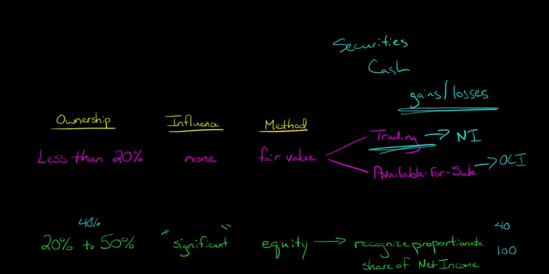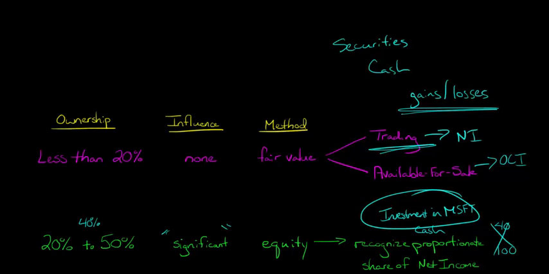Now, I'll get into that when we have a video on that. But we'll just say here, so we'd have a debit. This is when you buy the Microsoft stock. Let me just cross this out for the minute. So when you buy the Microsoft stock, you just debit investment in Microsoft or something like that, and then credit the cash. Okay, and then this would be your carrying amount, which would fluctuate as you recognize that proportionate share of net income or as Microsoft pays out dividends.